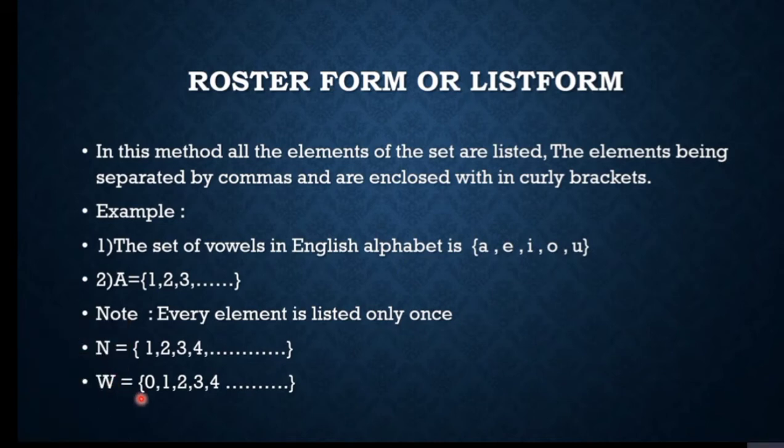The whole numbers can be written as W is equal to 0, 1, 2, 3, 4, and so on. See, in all these sets, the elements of the sets are listed, the elements being separated by commas and enclosed within curly brackets, and also the elements are never repeated.